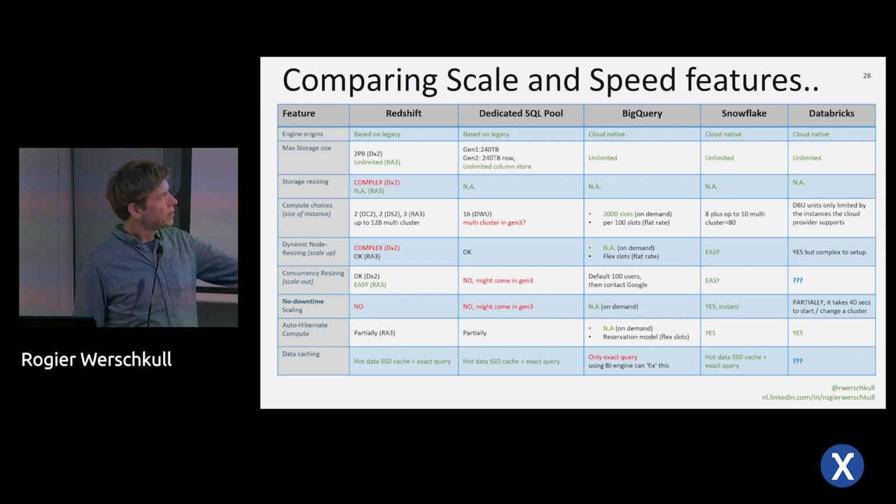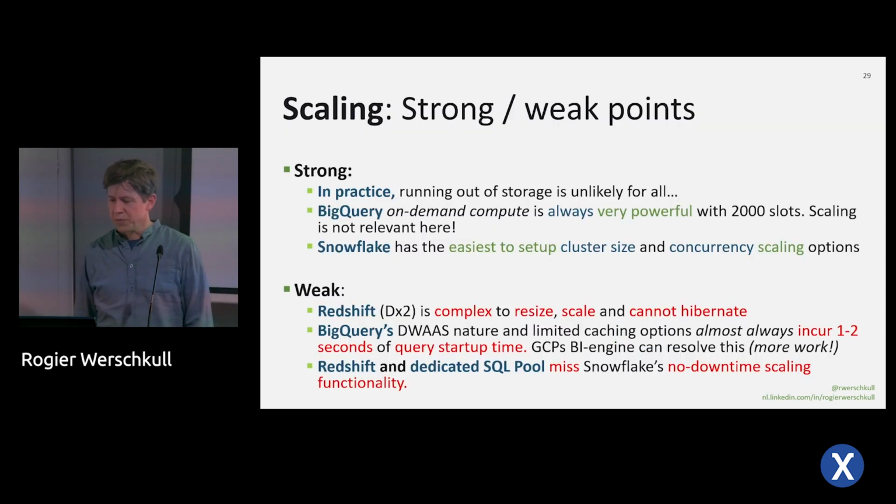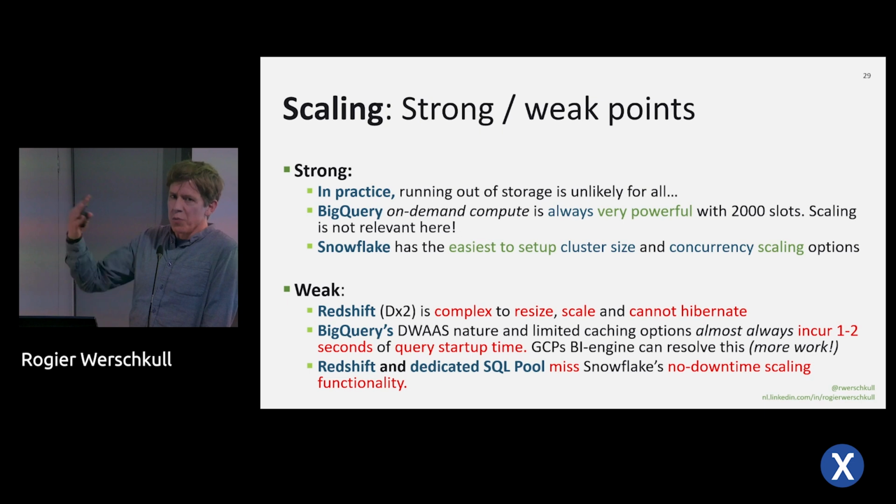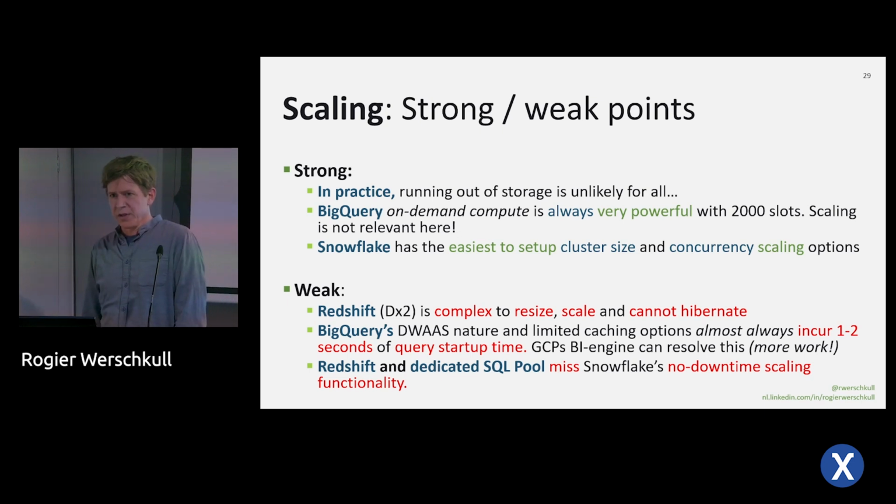Overall, BigQuery and Snowflake have better papers for that. Obviously, you won't run out of storage in any of these systems, and you have features in BigQuery where, if you use it in that Gmail kind of mode, you actually get a lot of compute for the same amount of money compared to the other systems.